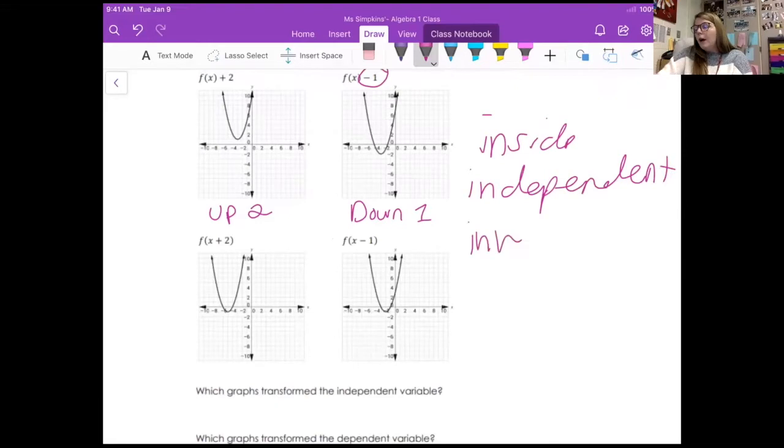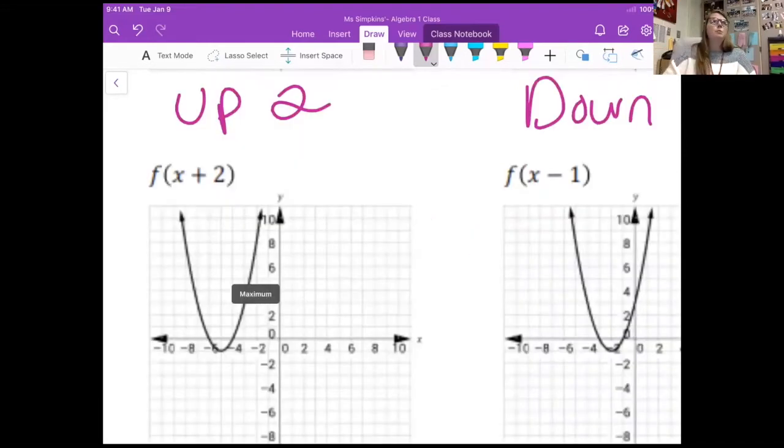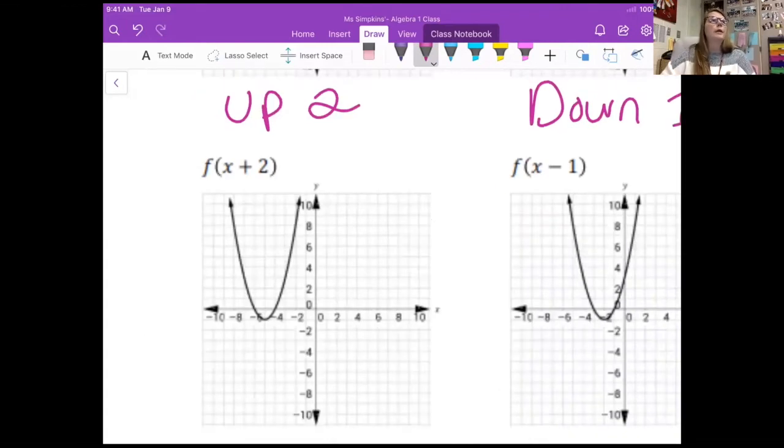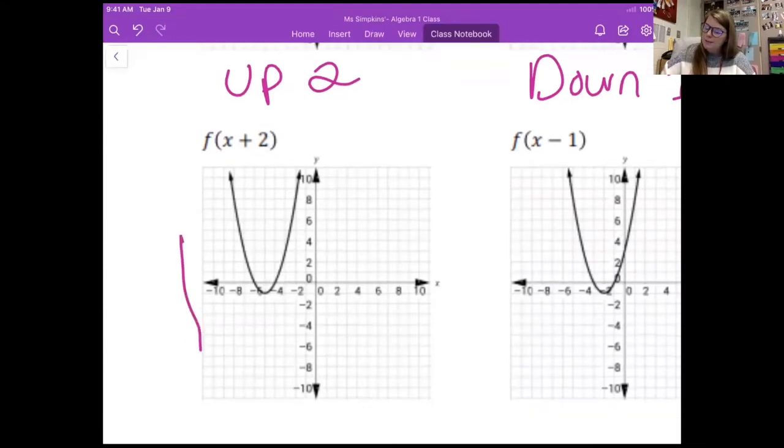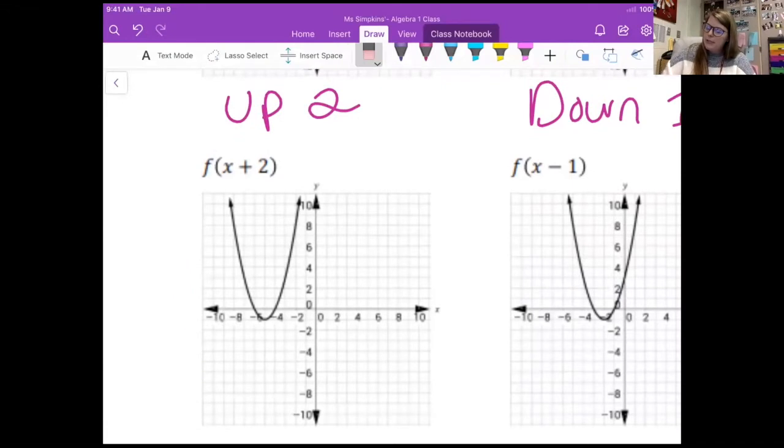So you do the opposite of what you would think. So for example, when we think plus, we all automatically on a number line think we're going to move to the right. But when we're talking about transformations, if it's inside the parentheses, we're going to do the opposite. So in this case, adding something would move our graph to the left, specifically left by 2 because it has a plus 2.